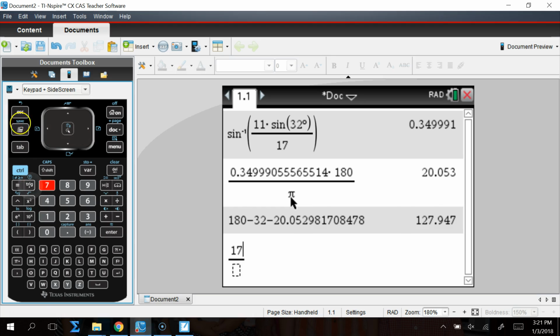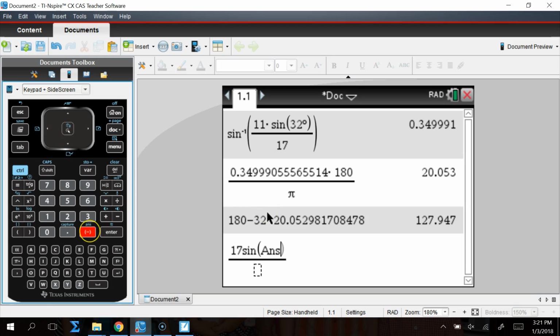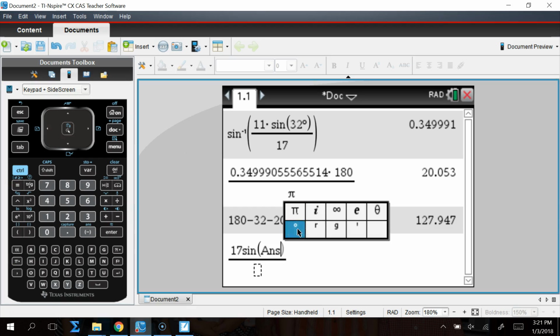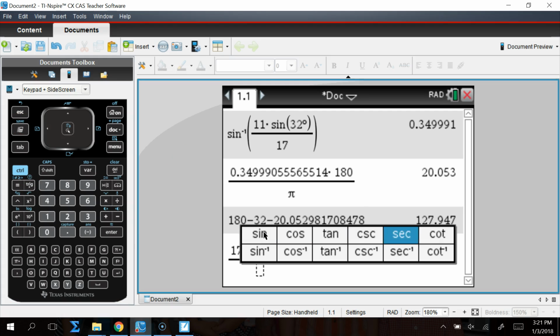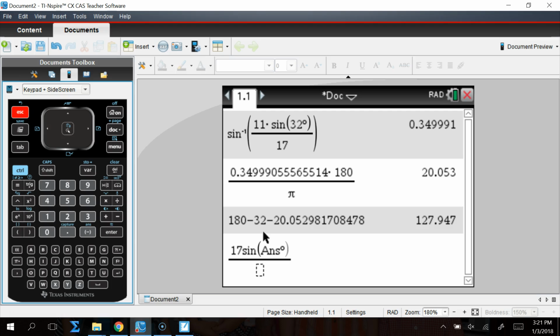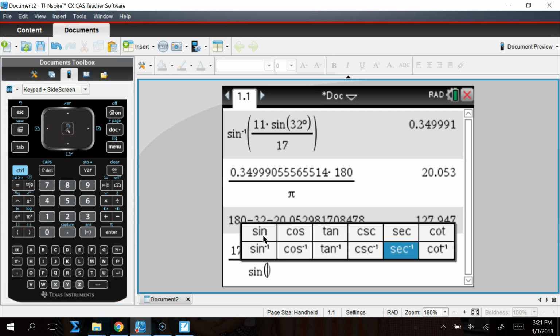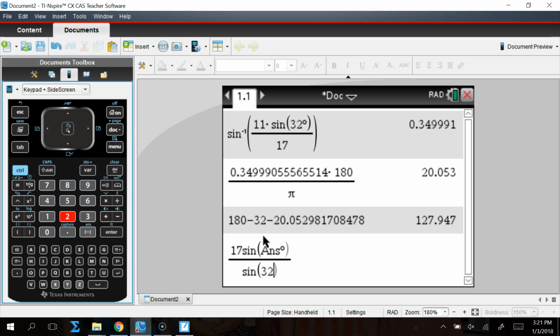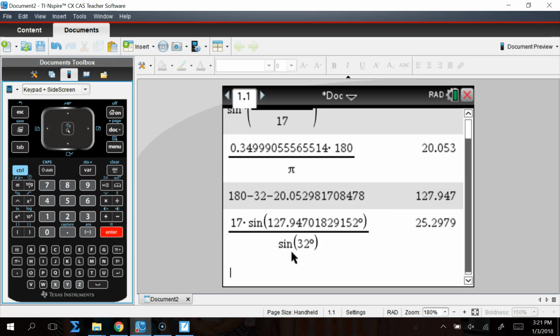I like to keep stuff on the calculator, and that allows me to get exact answers. And that should give me 25.2979.